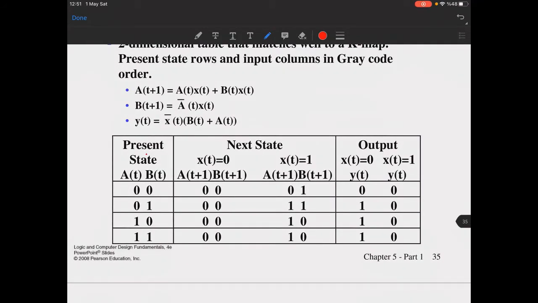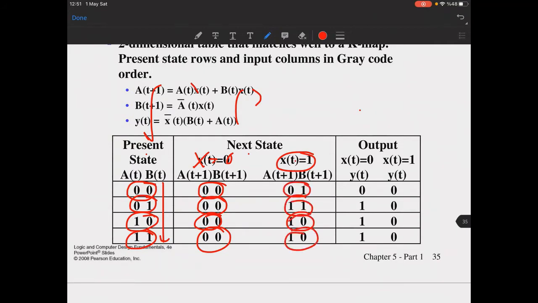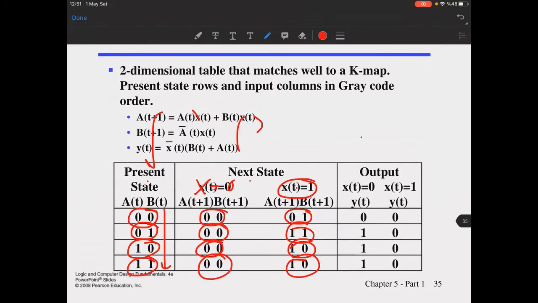You put your present state, next state and output in columns like this. You can have 00, 01, 10 and 11. If your x input is 0, you will go to these states, and if your x input is 1, you will go to this state. So it helps us make a correspondence to state diagrams later.